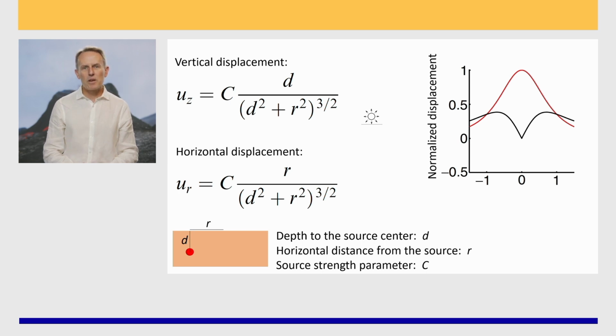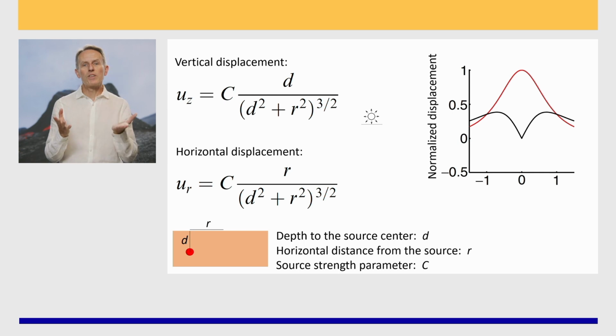The horizontal displacement is U subscript R. The displacements depend on the horizontal distance from the source and the depth of the source, as the equation shows, as well as the source strength parameter indicated with the symbol C. There are 4 independent parameters that decide the predicted displacement: latitude and longitude of the source, that decide the distance from the source, and then the depth and the source strength.